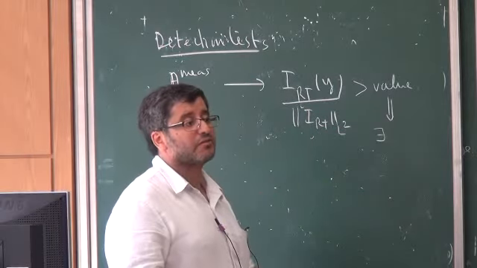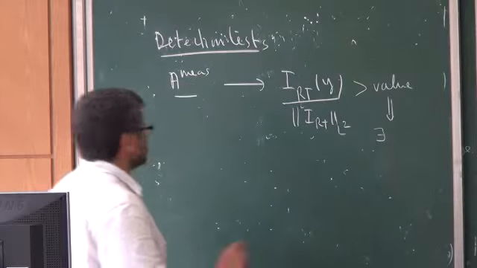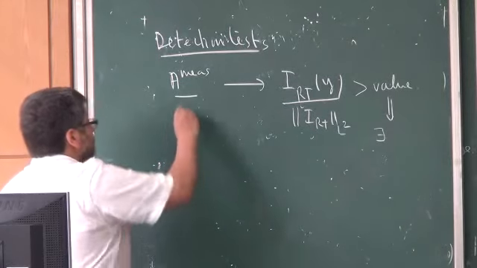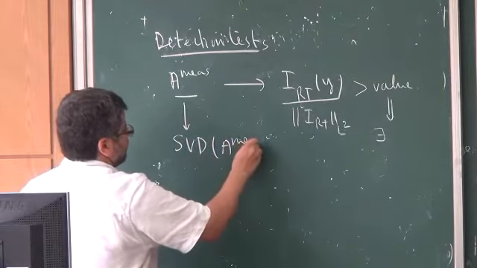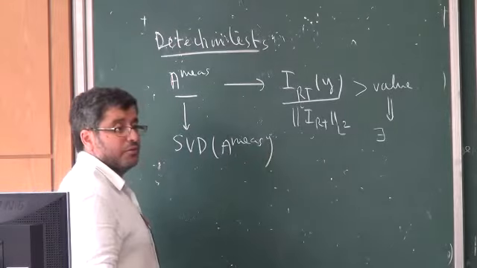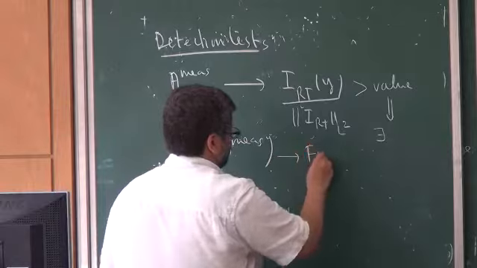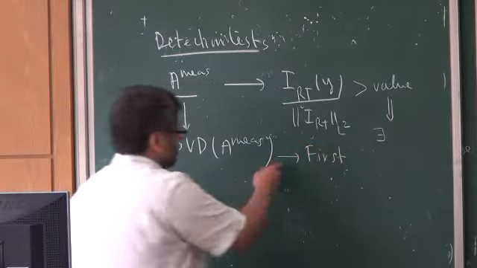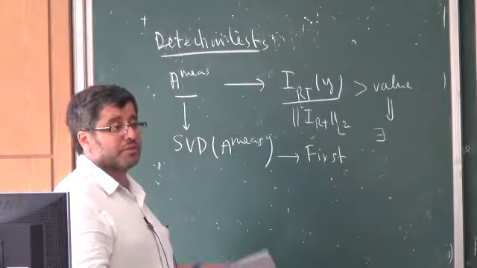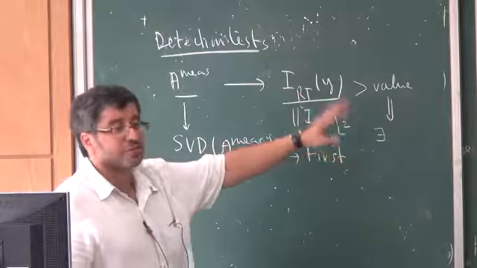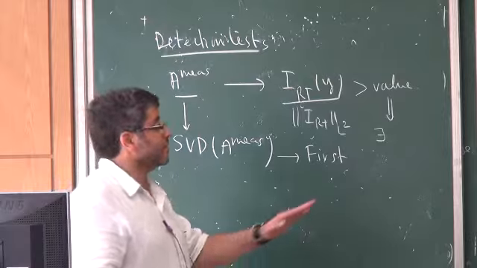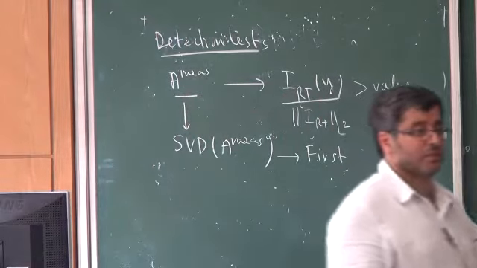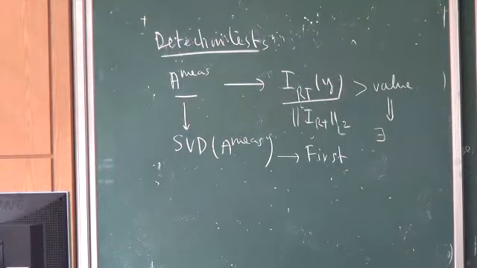So this is also almost about localizing. Another way is that you do SVD decomposition of this one and look at the first one. This is cheap somehow. It's much cheaper than computing this imaging function everywhere in the search domain, looking at the values, and saying that if the value is large, it exceeds some threshold.